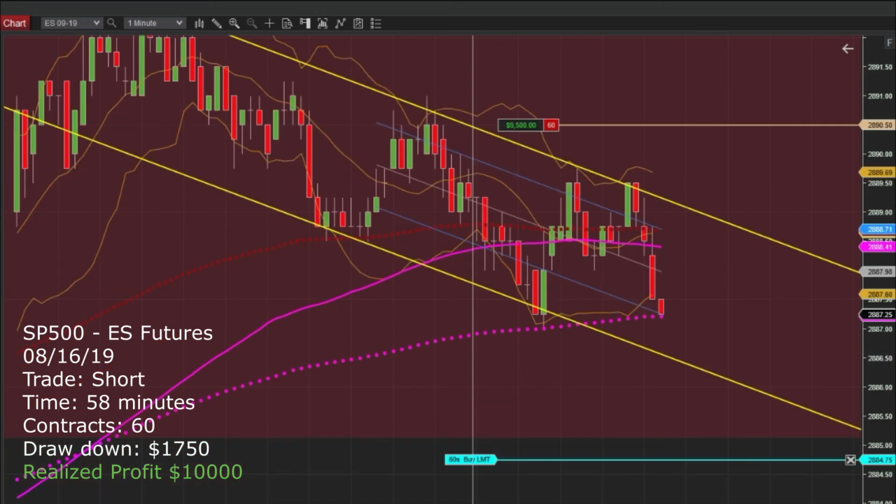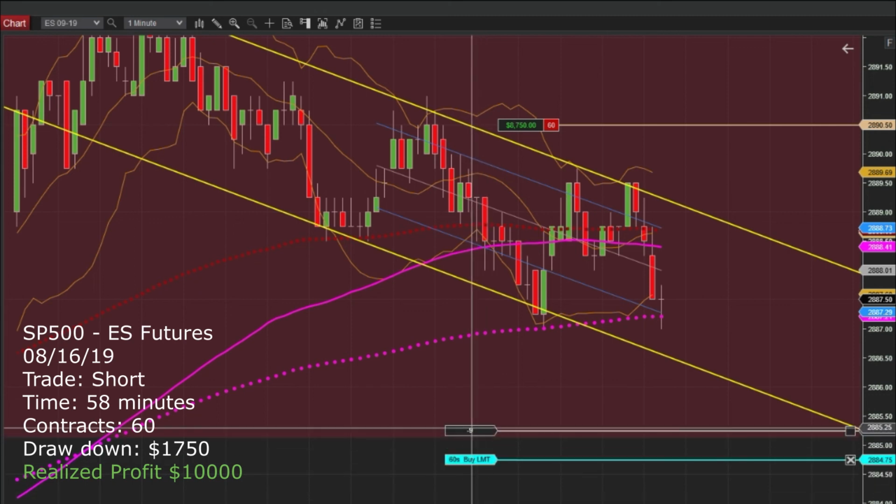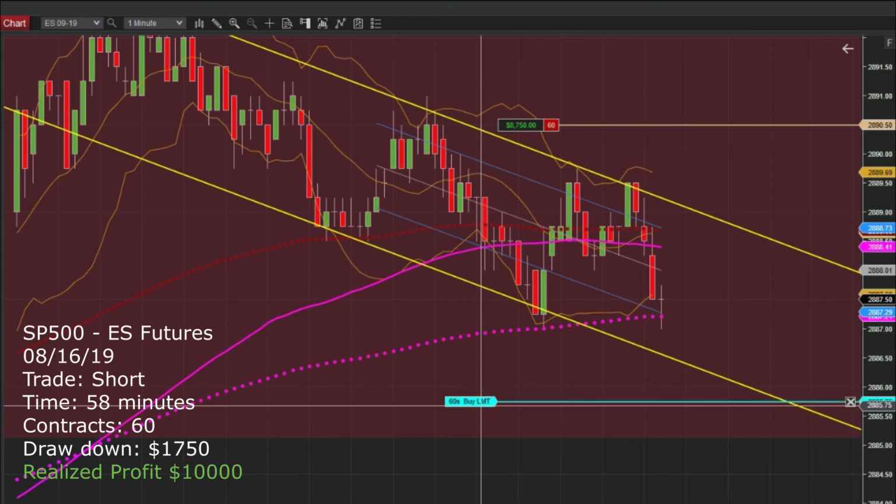But here we go with another opportunity to take our profit. As you can see, we're a good distance from where we entered, or our average entry price up above, and we're in the 8,500 to 9,500 profit zone, which could turn into quite more if it really broke to the downside here.